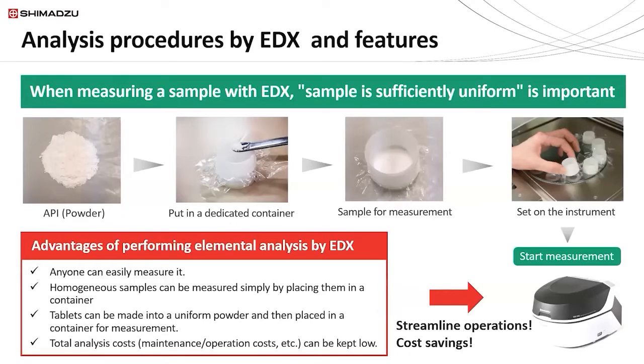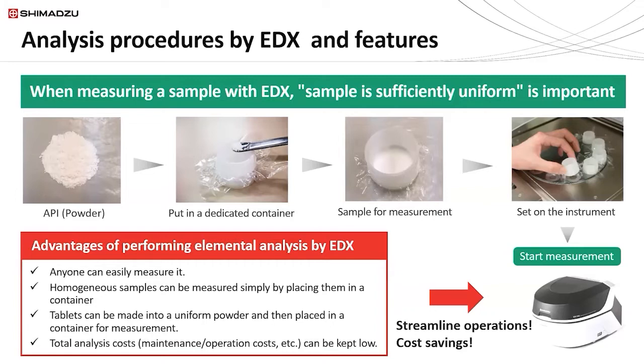This is an example of a basic workup, a basic flow of how you would prepare a powder sample, something like an API, for XRF analysis. You might have an API powder, you put it into a dedicated XRF container, and the powder is supported with, normally, a polypropylene film.